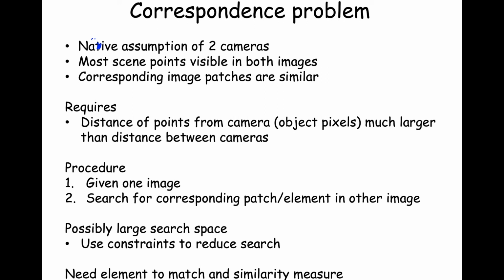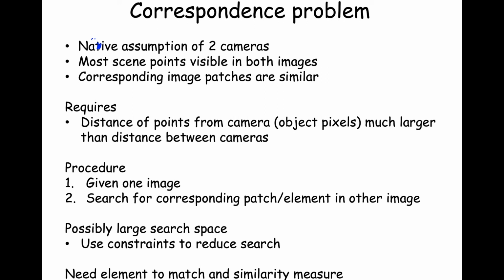And so your procedure is you have one image, and you search for corresponding patches or regions within this image in the other version of the image from either the second position or the second camera. Now, this can introduce a potentially large search space, and you can use certain constraints to limit the search space, and we'll talk about that.